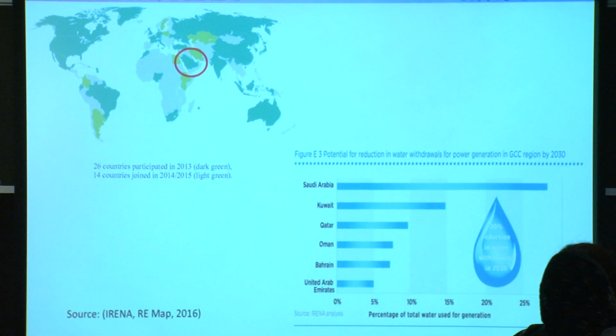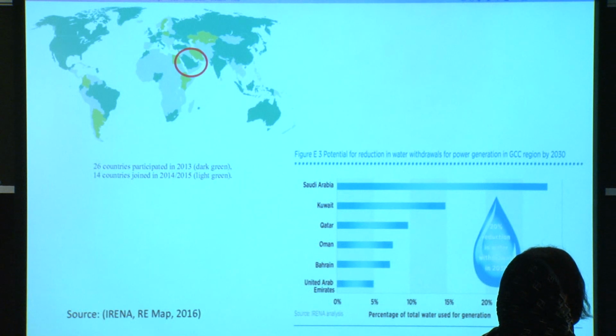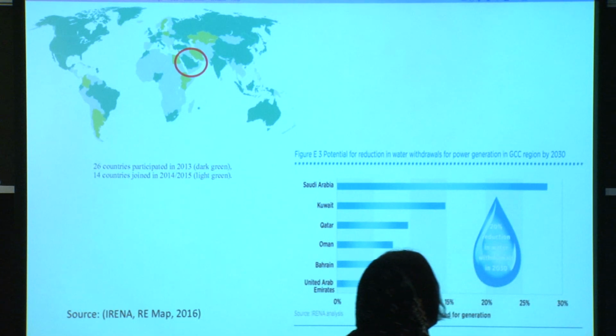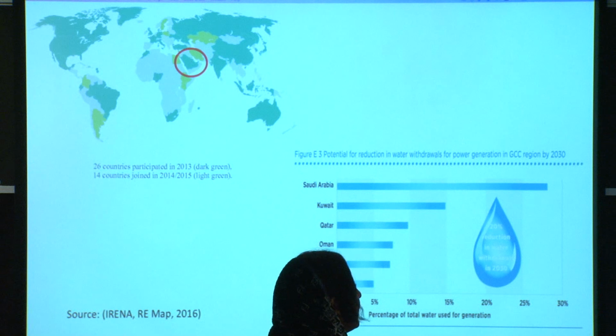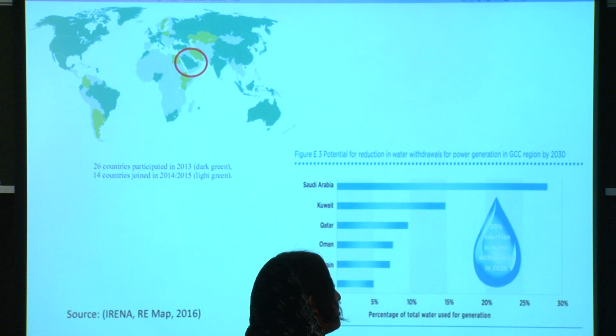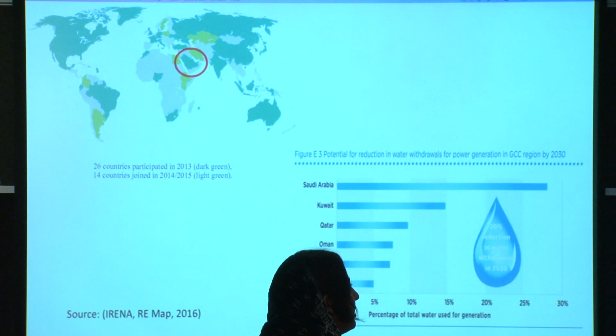We are one of the countries that signed up for renewable energies, and it is expected that by 2030, if we use renewable energies, we'll reduce water use by 20% among the Gulf countries.